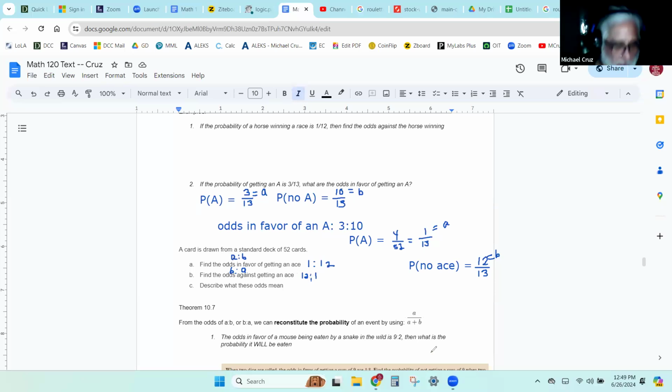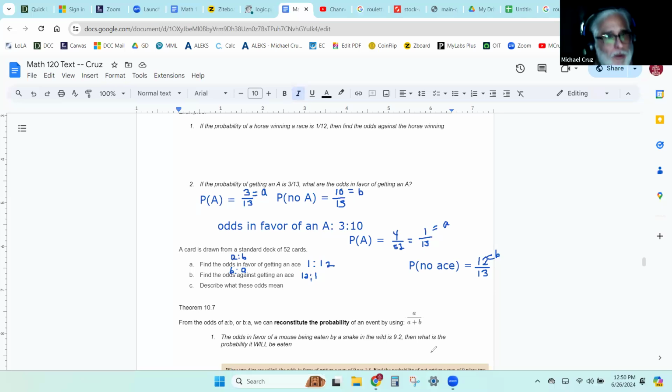So what do the odds mean? What's the whole point of odds? The odds just tells us the ratio of losses to wins or wins to losses. In the case of odds in favor, it's wins to losses. One win for every 12 losses.